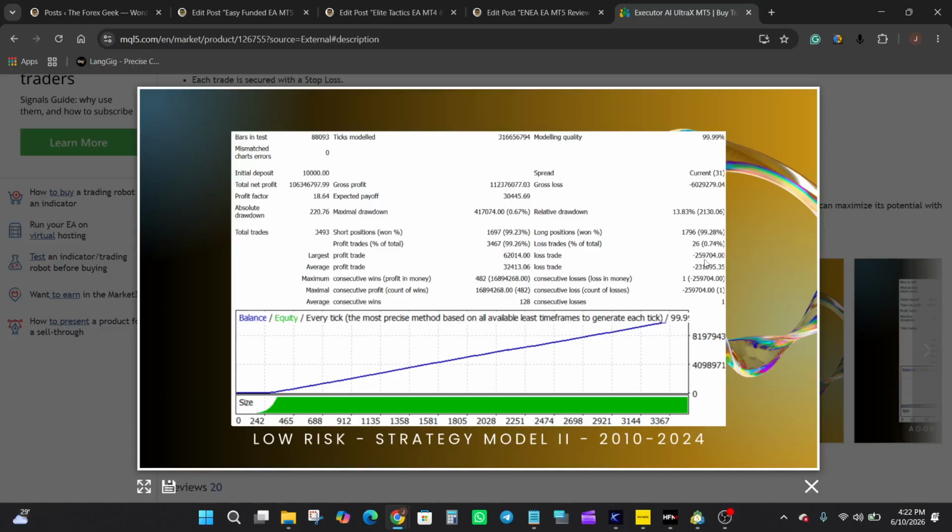Largest loss was over $259,000. Average profit was over $32,000, while average loss was over $231,000. I can see that the average risk to reward ratio is very bad. The difference is so wide. This is showing us data from 2010 to 2024.